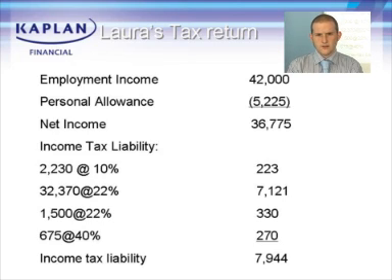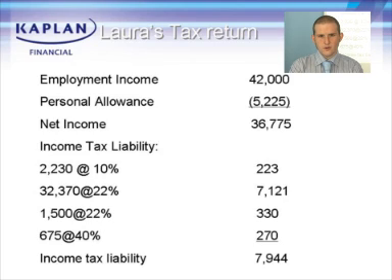Okay, so then it's on to calculating the income tax liability. Now what we need to remember from before is that the basic rate band is now 36,100. So the next 2,230 is at 10%. So that gives us 223. Now normally the next 32,370 is at 22%, which it is. So we'll tax that, and that gives us 7,121. Now this is the exciting bit.